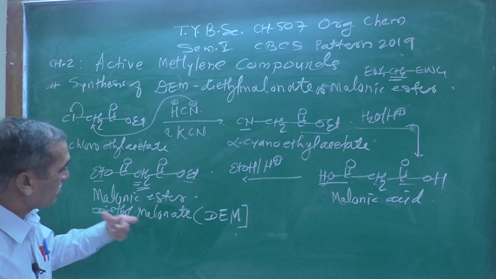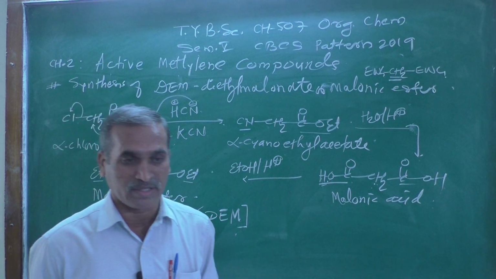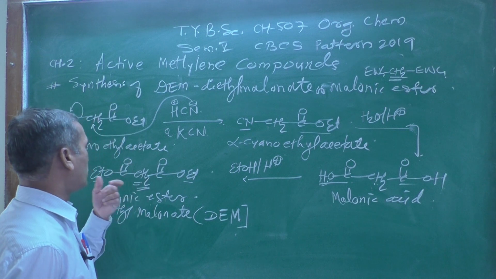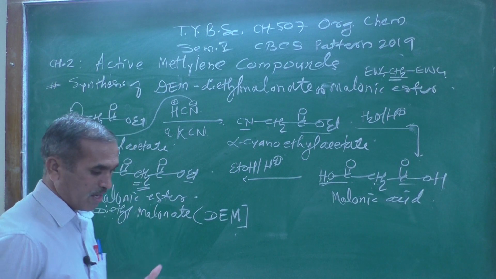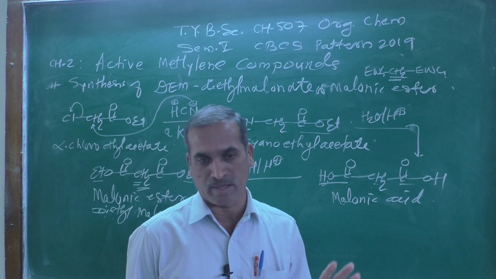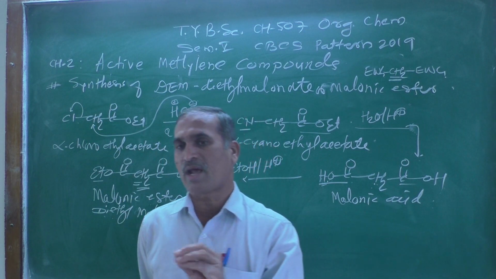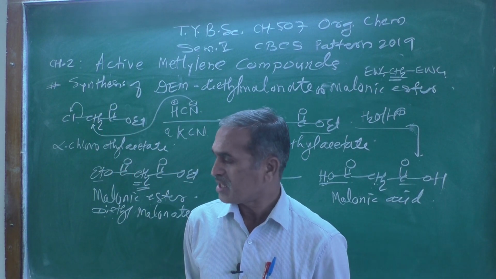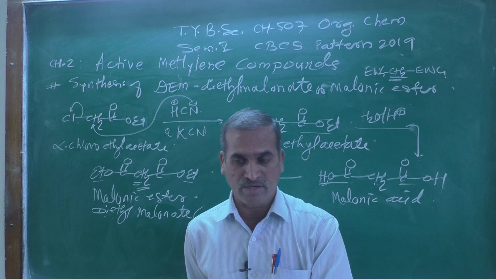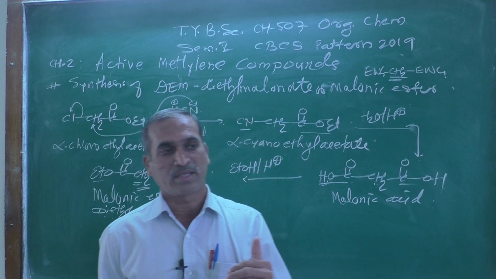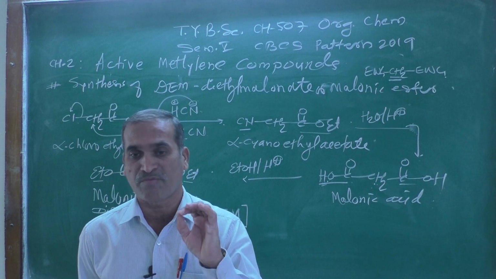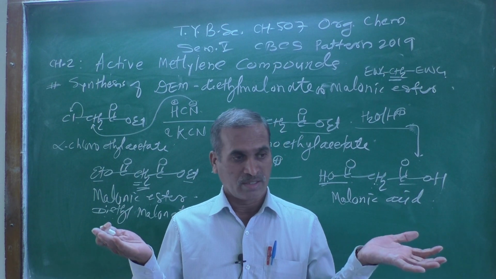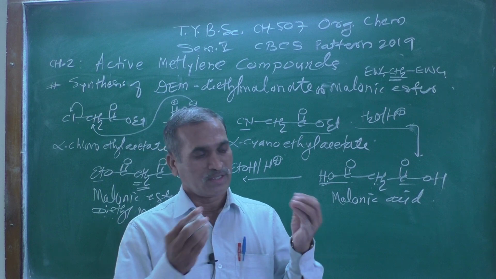This compound, diethyl malonate, is an active methylene compound because it contains an active methylene group, that is the CH2 group, which has 2 protons. Those methylene protons are highly acidic and therefore responsible for C-alkylation, because whenever you use a base, the proton can be abstracted to form a carbanion, and that carbanion can attack any electrophile.